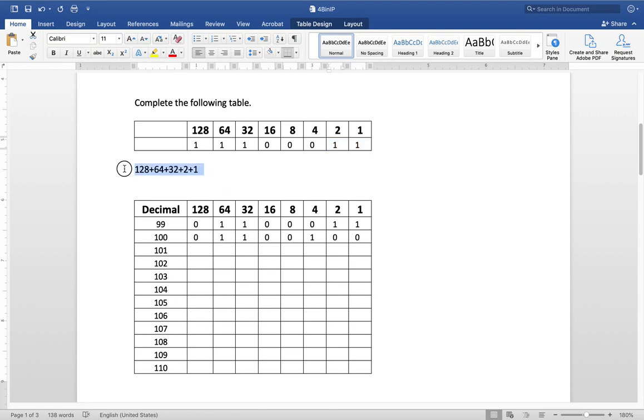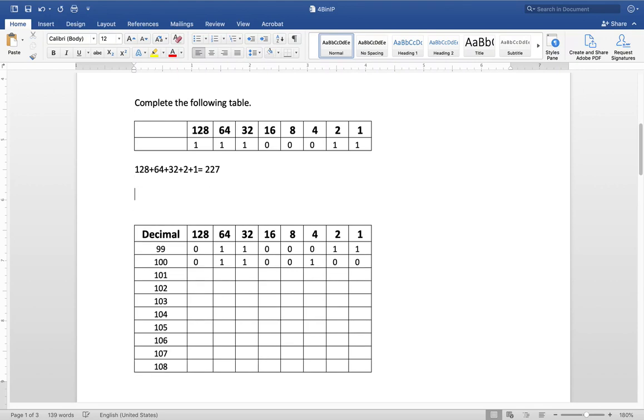Those are the numbers I add. So 128 plus 64 is 192, plus 32 is 224, plus 3. So that's going to be 227. So this is 227 in decimal. Okay, so that's how you do it.